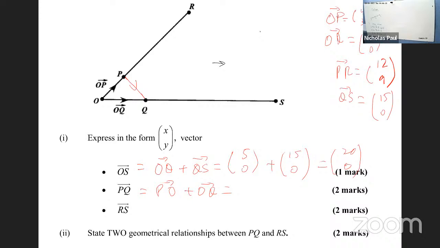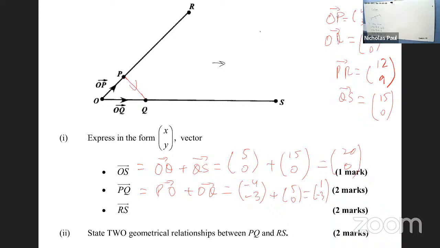That's OP, so put a minus sign, right? So that would be -4, -3. And OQ is what? OQ is 5,0. So -4 plus 5 is 1, -3 plus 0 is -3.